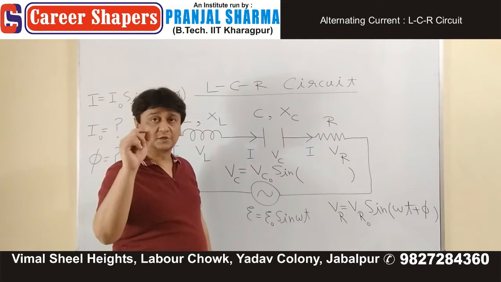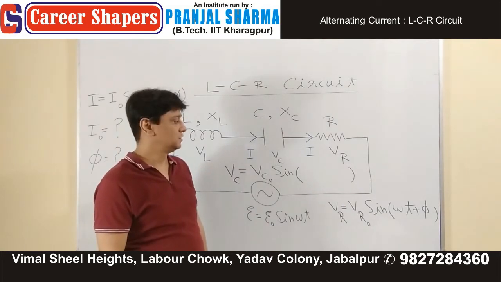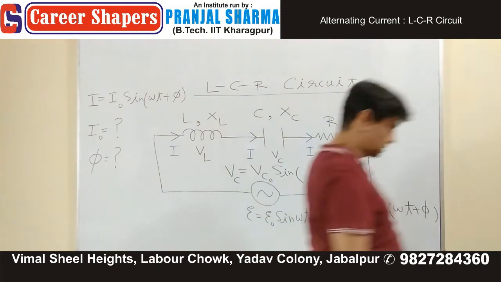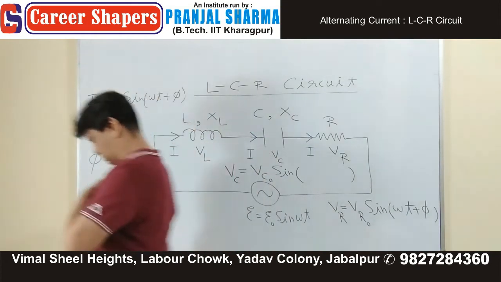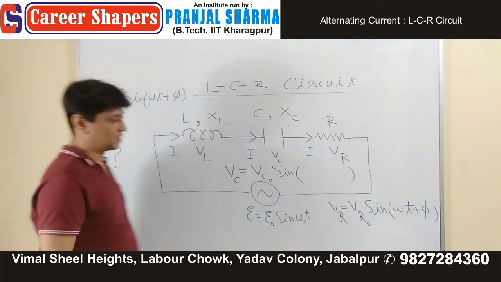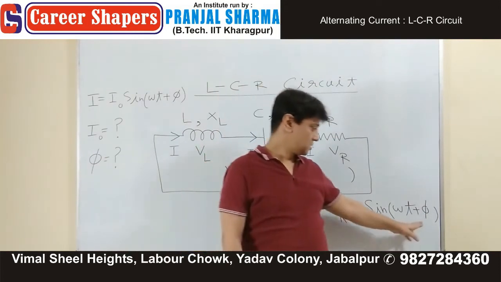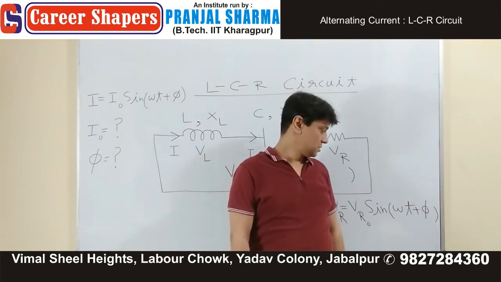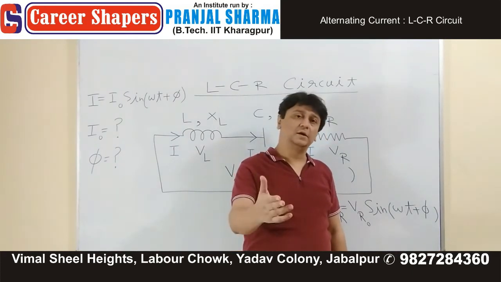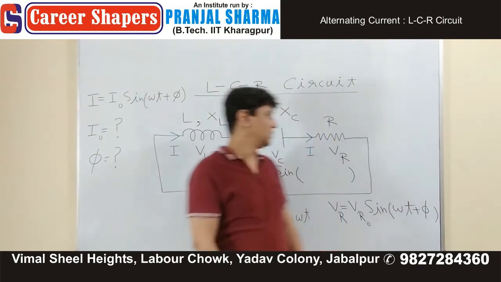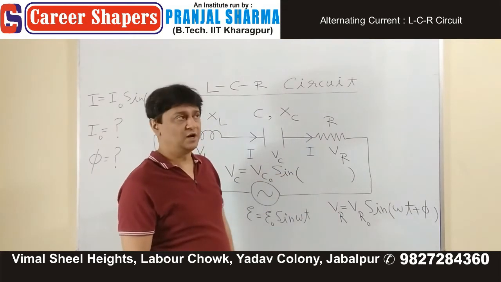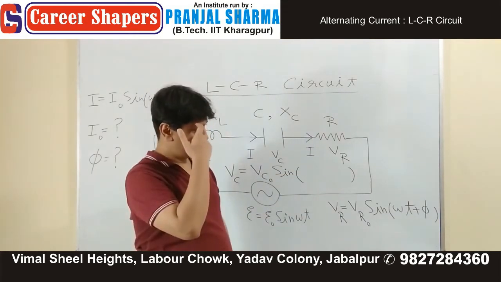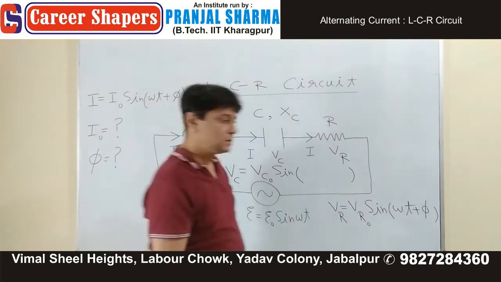When a resistor is present in an alternating circuit, the phase of current and phase of potential difference are same.